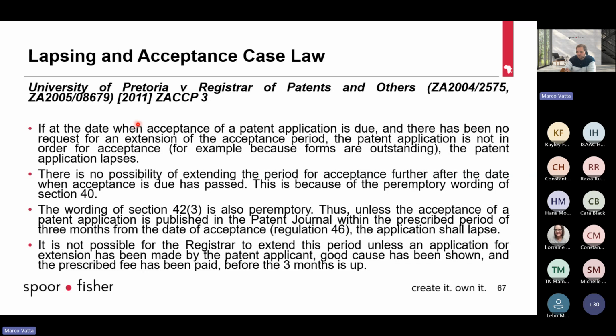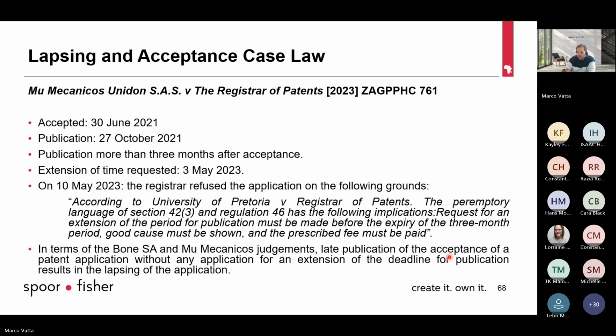But if you recall from the University of Pretoria case, they said that it has to be requested before the 3 months is up. However, before the matter was taken on, after that application was lodged requesting the extension on 3 May, the registrar refused the application.